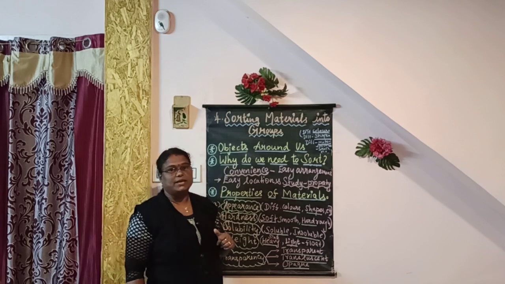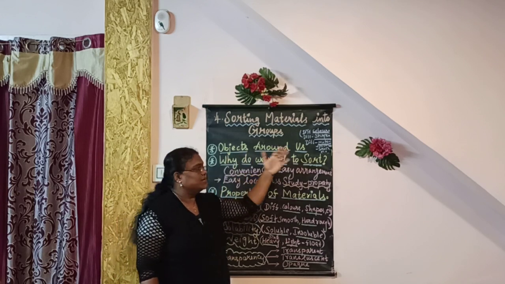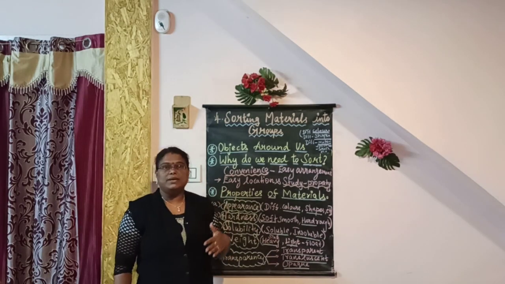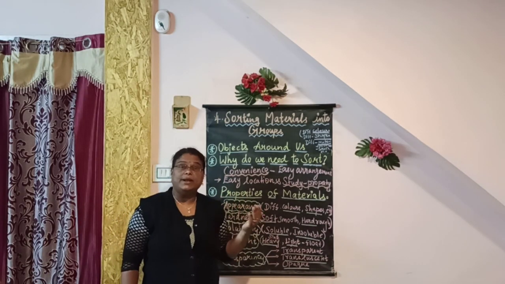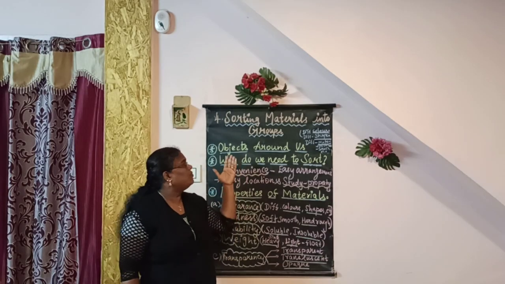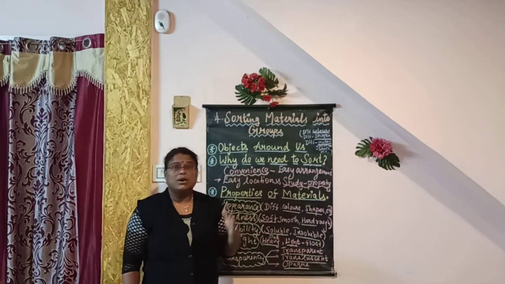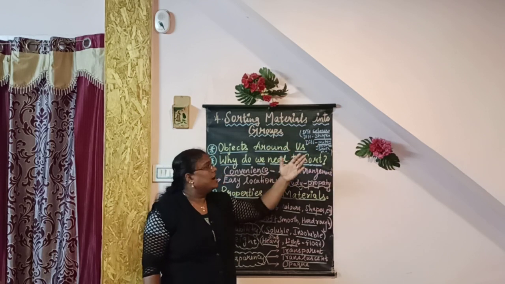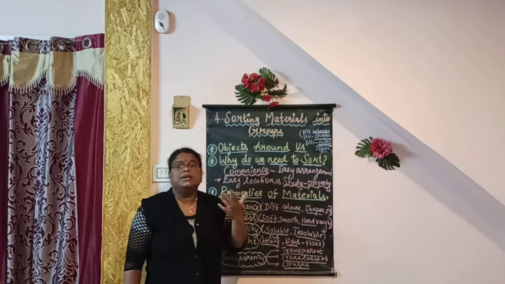First, we are going to see objects around us. Students, in chapter 1, we saw many varieties of food, and in chapter 3, we saw many varieties of clothes. Like that, there are many varieties of objects around us which have different colors, different shapes and different textures.